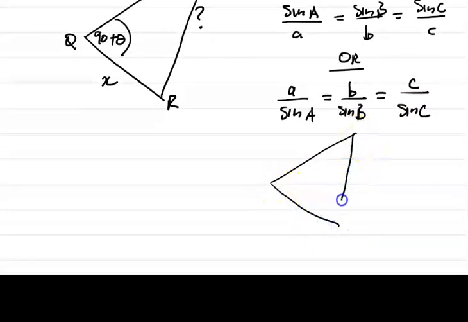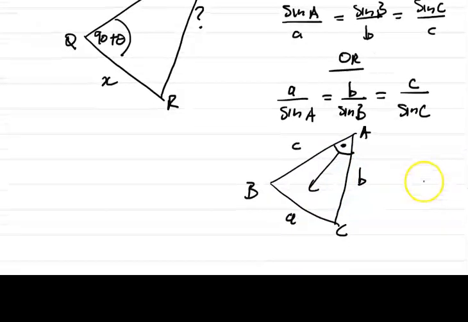If I have a triangle like so, A, B, C, the opposite sides will be called small a, small b, and small c. A classic case is when you are given an angle and its opposite side, then we will likely use the sine rule.